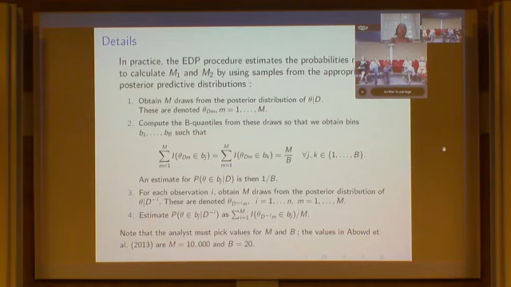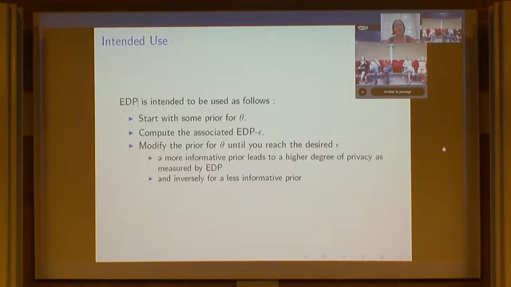And how you're supposed to use this, the idea is it's kind of like in the Dirichlet multinomial example I showed before. In the Dirichlet multinomial example, we saw that to ensure differential privacy, you had to tweak your prior a little bit. There was this bound on the parameters in your Dirichlet prior. And if you make the prior more flat, then you'll get differential privacy.